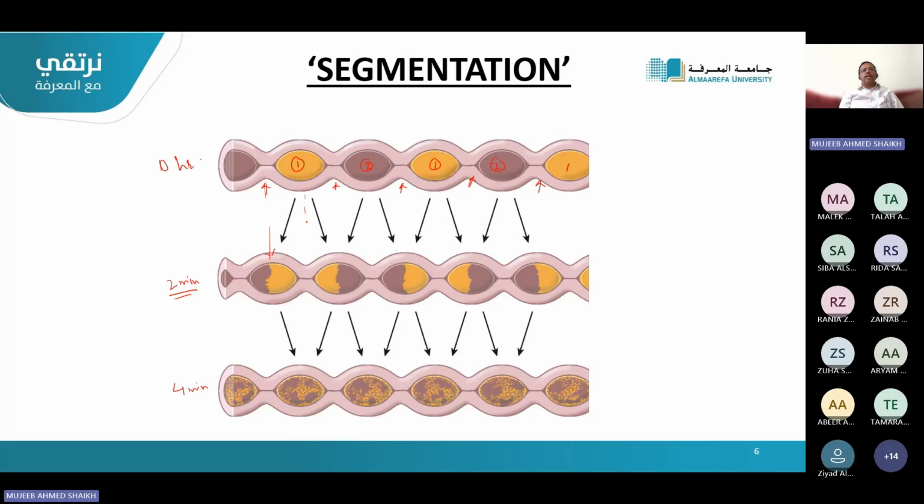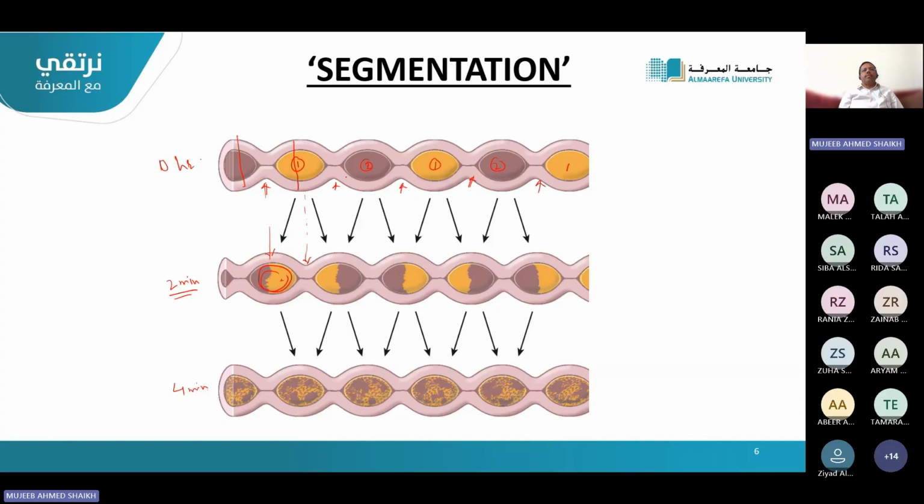This was a relaxation, now at this place contraction occurs. Because of that, this food is divided into two parts, and now food from pouch number one and pouch number two is in the same pouch.